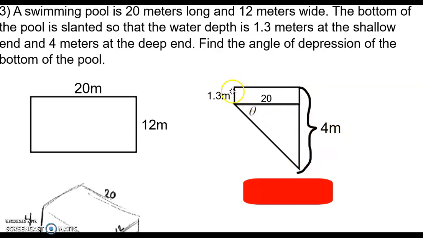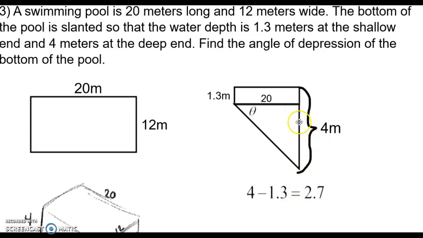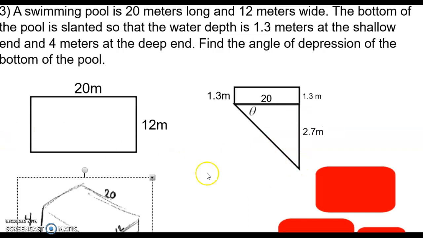We also know that the shallow portion is 1.3 meters. So 4 meters minus the shallow end is 2.7. So we can relabel our triangle as our 1.3 up here and 2.7 down.